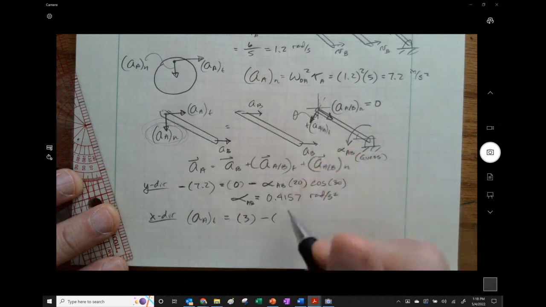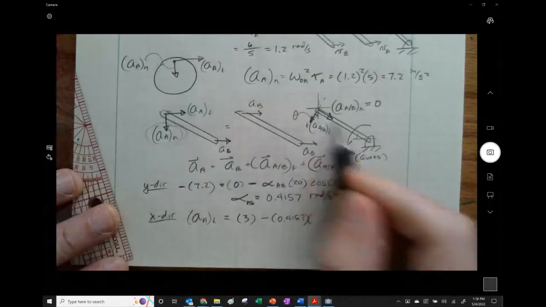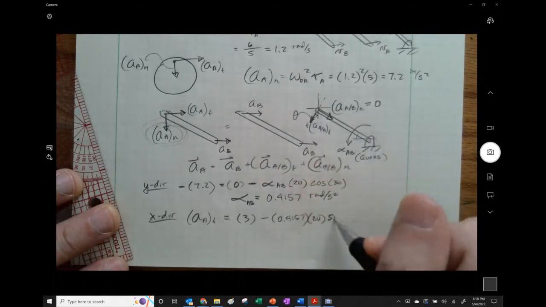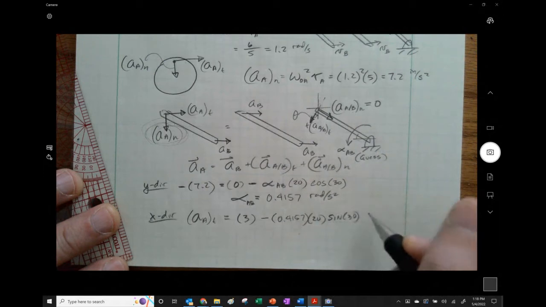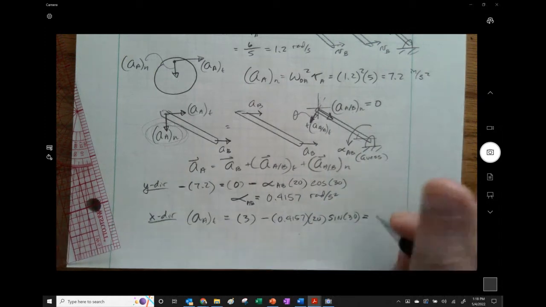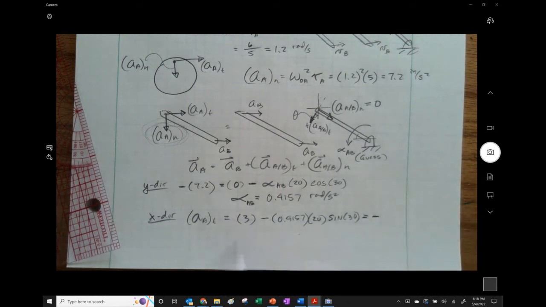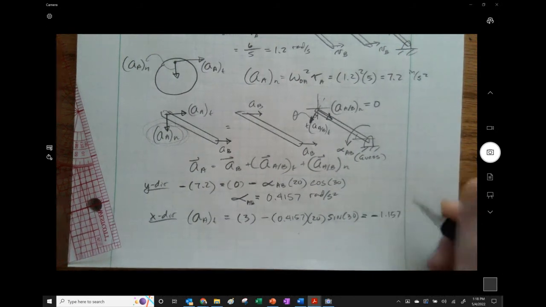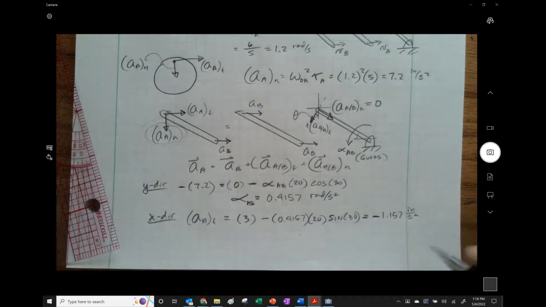So we use 0.4157 times the length of 20, but now times the sine of 30, which is 0.5. So we end up with a negative value. So I end up with a negative 1.157 inches per second squared.